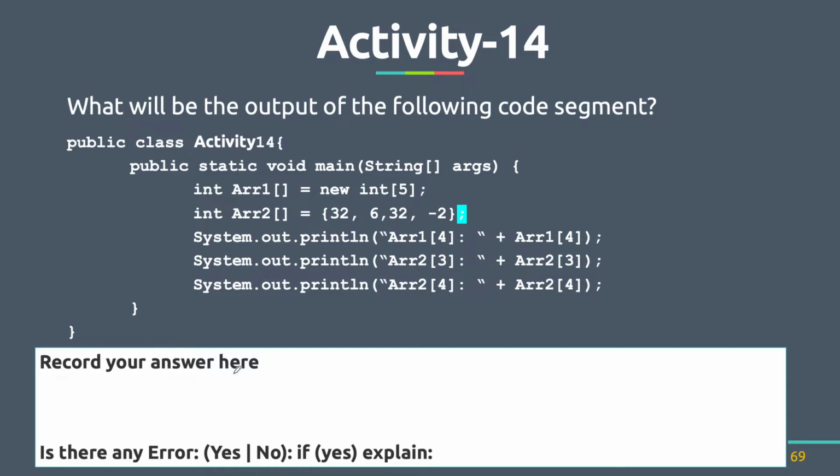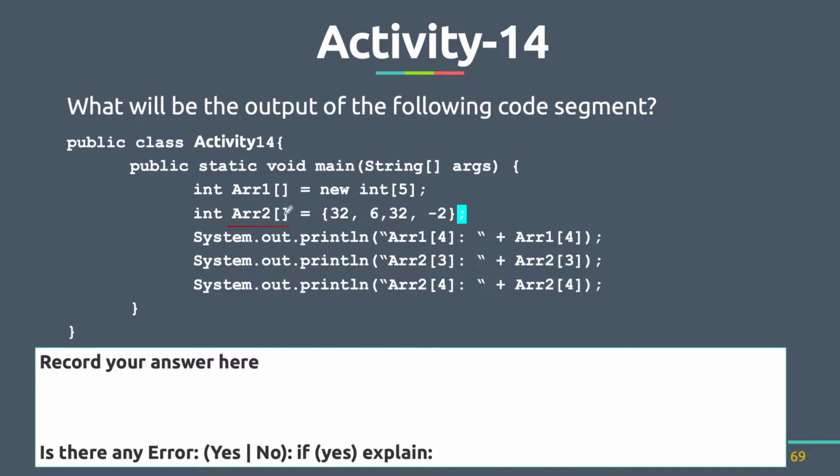And record your answer. So the answer here should be that an integer array called array1 has a new int with a size of 5. And we also have another array called array2, and this array we initialized with these values.